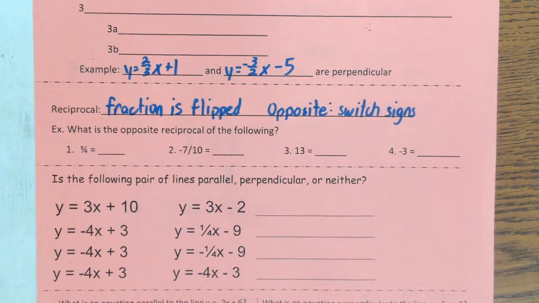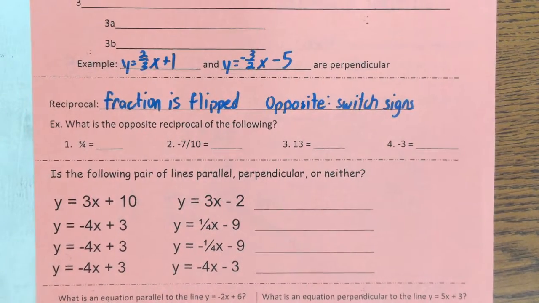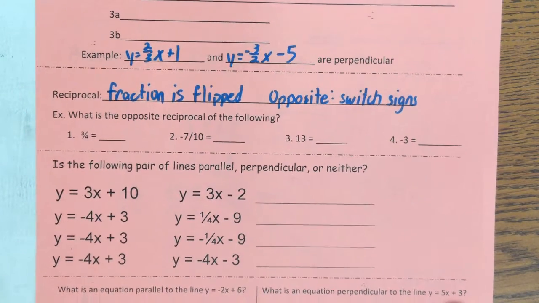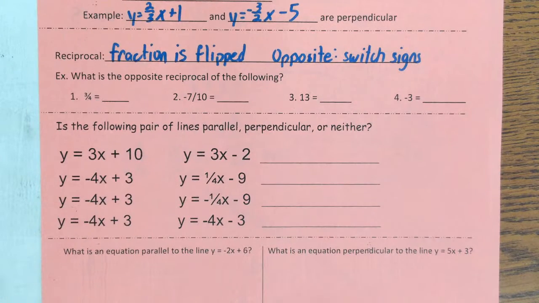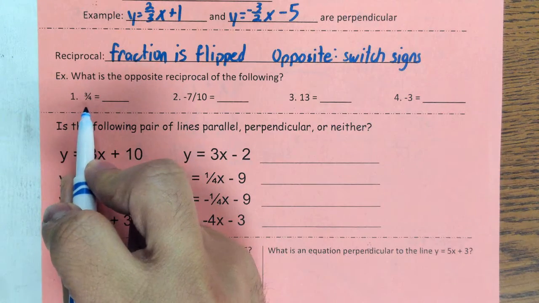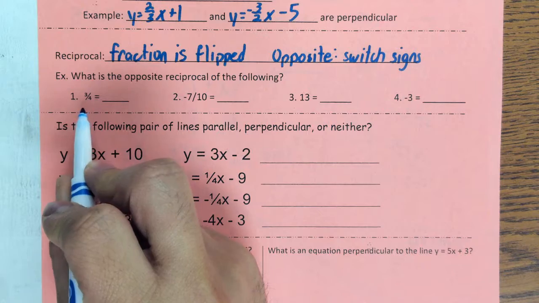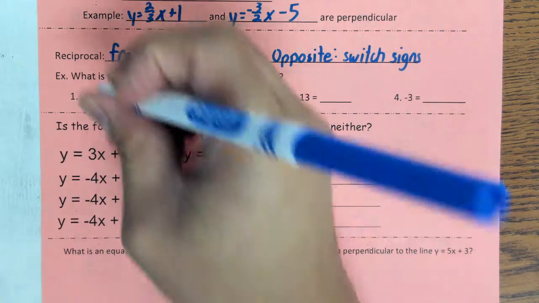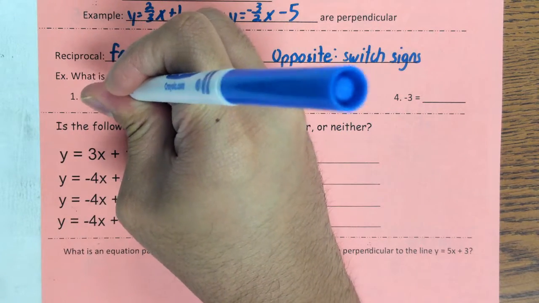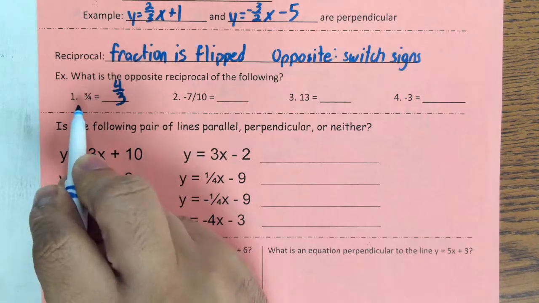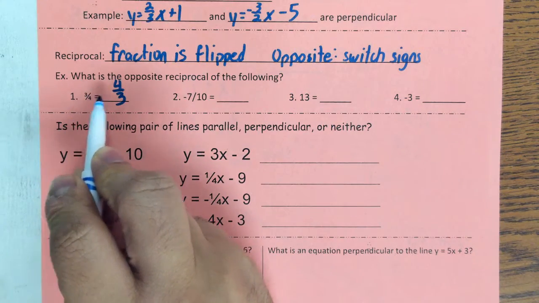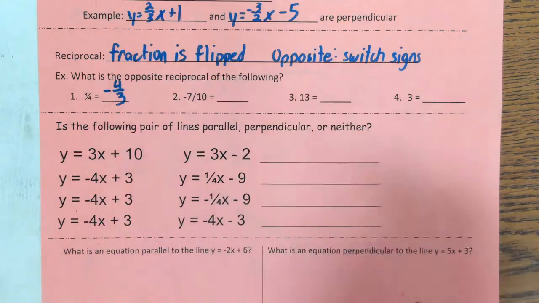So perpendicular lines have opposite reciprocal slopes. So let's do an example. My fraction here is 3/4. Opposite reciprocal, I flip the fraction, so 3/4 becomes 4/3. 3/4 is positive, so the opposite would be negative.